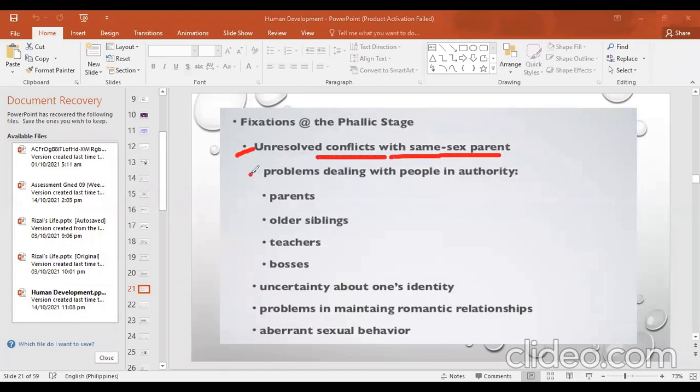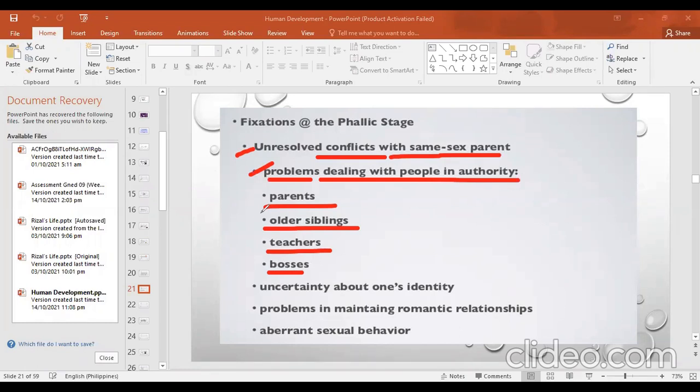Ito yung mga possible na pwedeng mangyari. Problems dealing with people in authority, such as your parents, older siblings, teachers, and even your bosses. No, yung mga mas mataas sa'yo, nahihirapan kang makipag-deal sa kanila. Nahihirapan kang, kumbaga, yung mapanatag yung loob mo sa kanila.